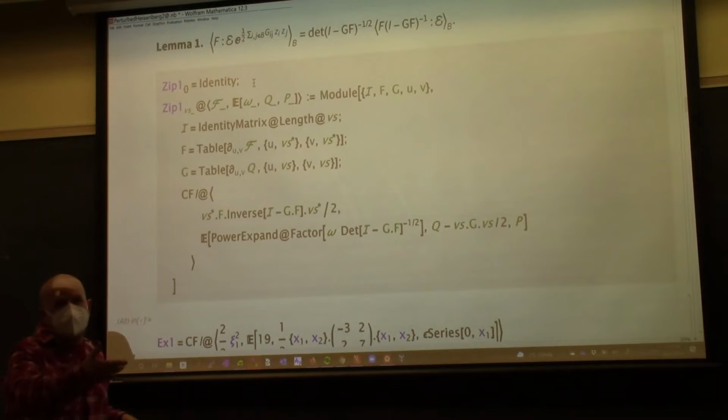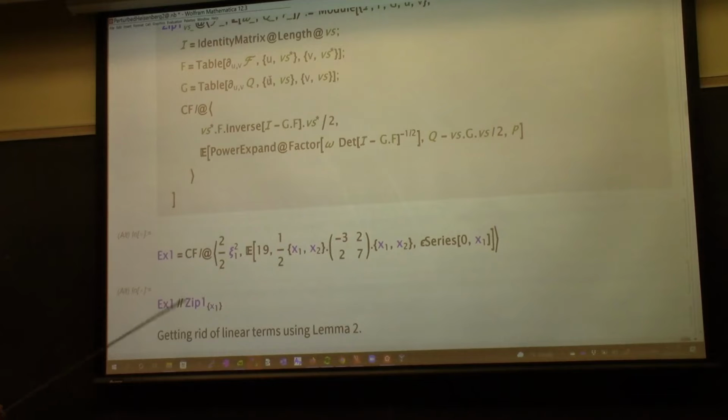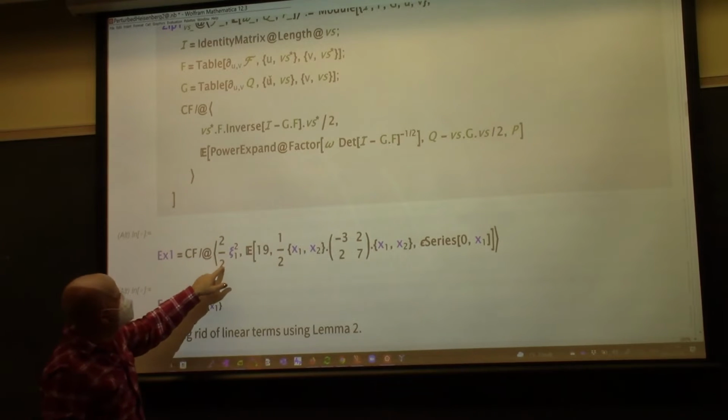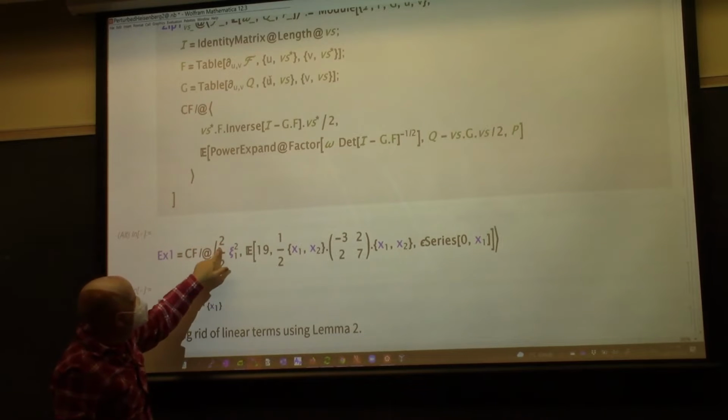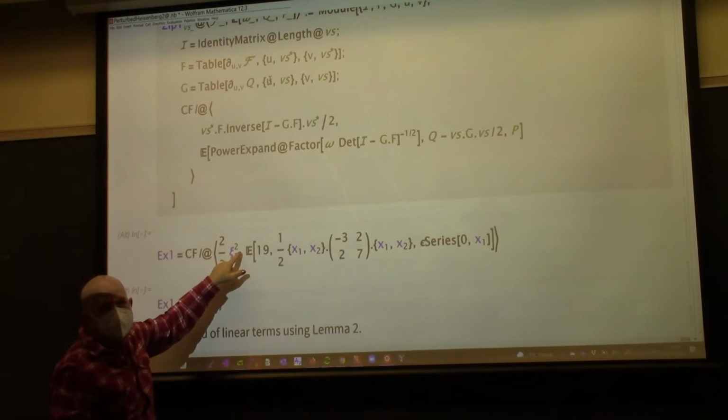Because it's really a matrix whose coefficients are differentiations. Sorry, the matrix of coefficients of differentiations. So, for example, here F is represented by the quadratic form 2 psi1 squared.